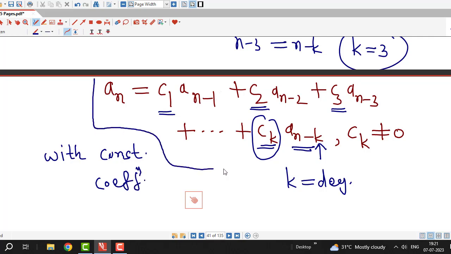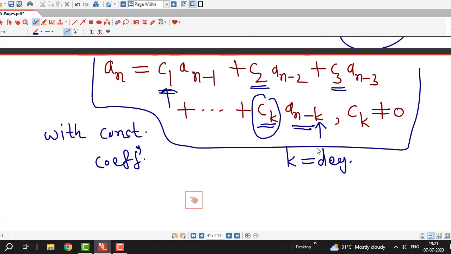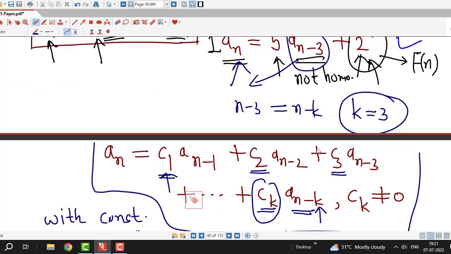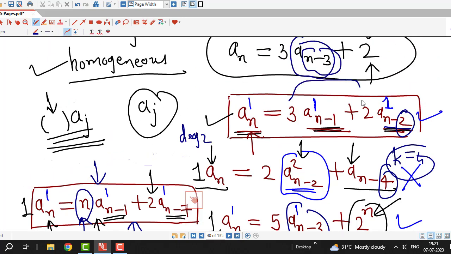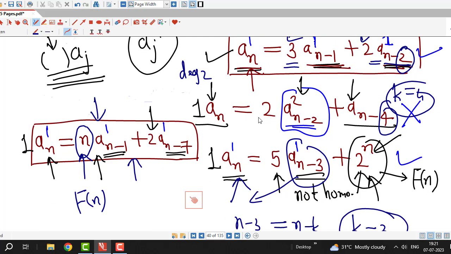If our recurrence relation is written in this form, and c1, c2 up to ck all are constants, then we have a recurrence relation with constant coefficients. If we see this recurrence relation, here the coefficient of this term is a function of n. So this is not a recurrence relation with constant coefficients. This one is a recurrence relation with constant coefficients. Here coefficients are constant. Similarly, all these are recurrence relations with constant coefficients.